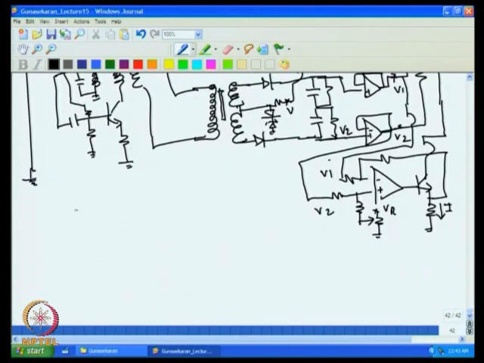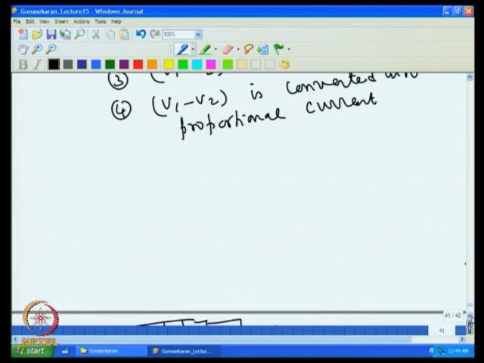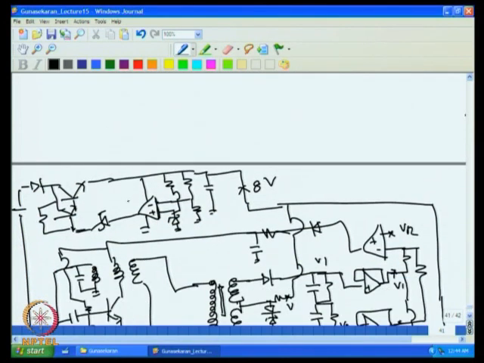So what is done is, the input is regulated using this op amp, that is op amp 1. Op amp 1 is to regulate the input voltage and gives the regulated voltage.